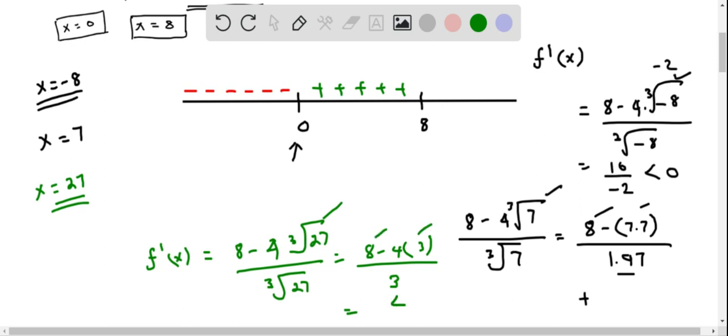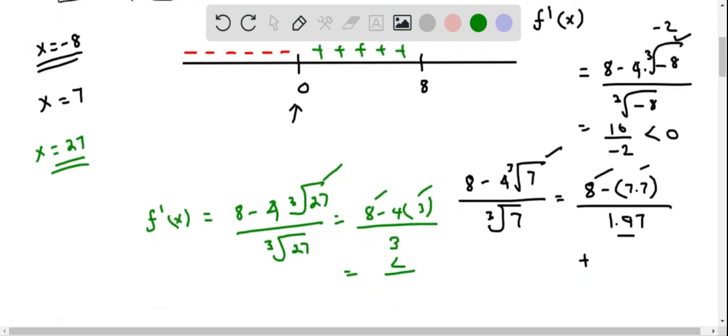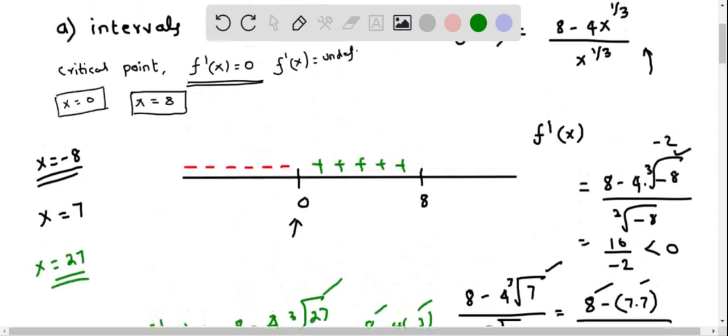It's going to be negative in the numerator, and the denominator is positive. So a negative number divided by a positive number is negative. So to the right of x equal to 8, it is negative.